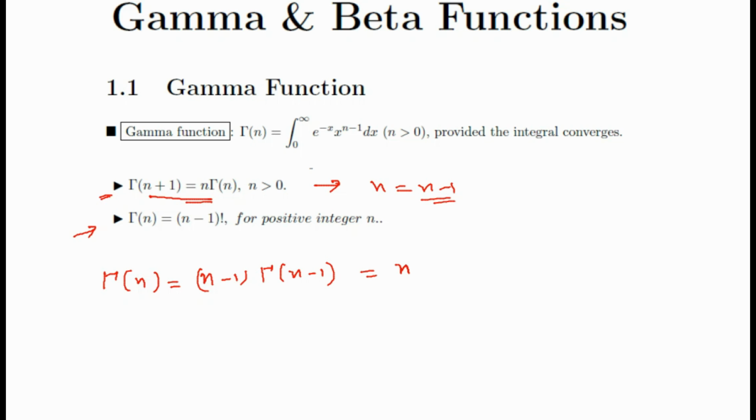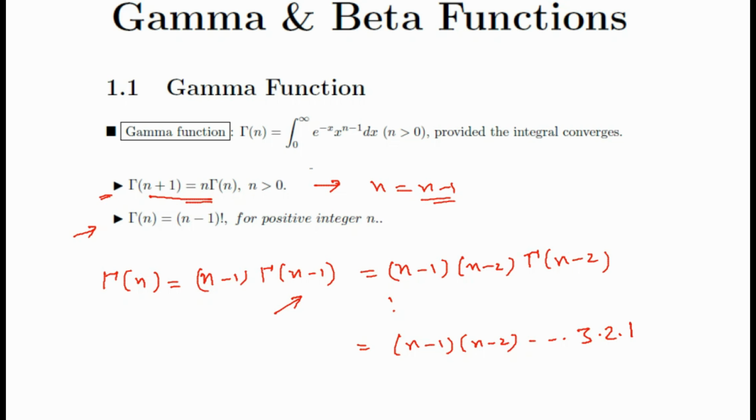Again using the same argument, you can get n minus 2 gamma n minus 2, and like this you will get n minus 1 into n minus 2 up to 3 into 2 into gamma 1, and you can easily check that gamma 1 equals 1.